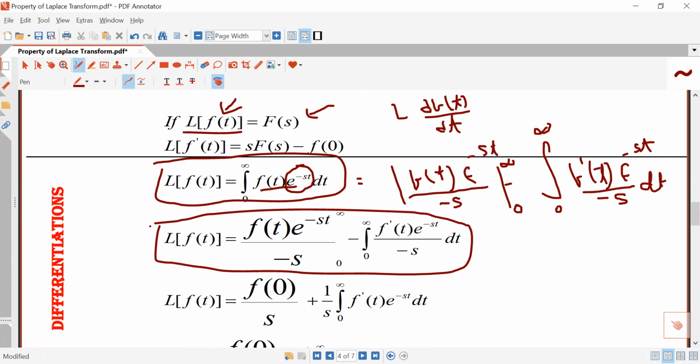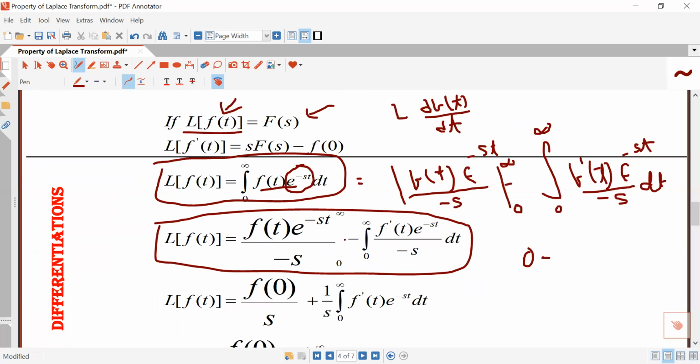And now when you will substitute the value of upper and lower limit, then what you will get? When you will put infinity in place of t, then first term will be 0.